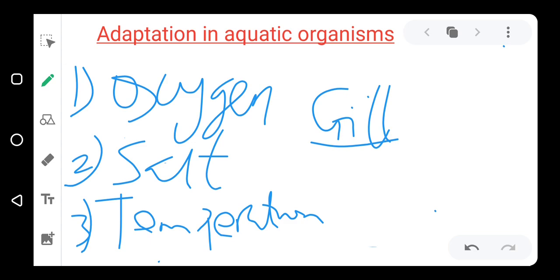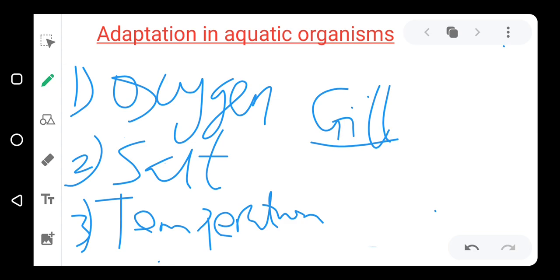Now, salt concentration. Aquatic organisms, most of them have specialized kidneys. Their kidneys help them to regulate the water contents in their body.